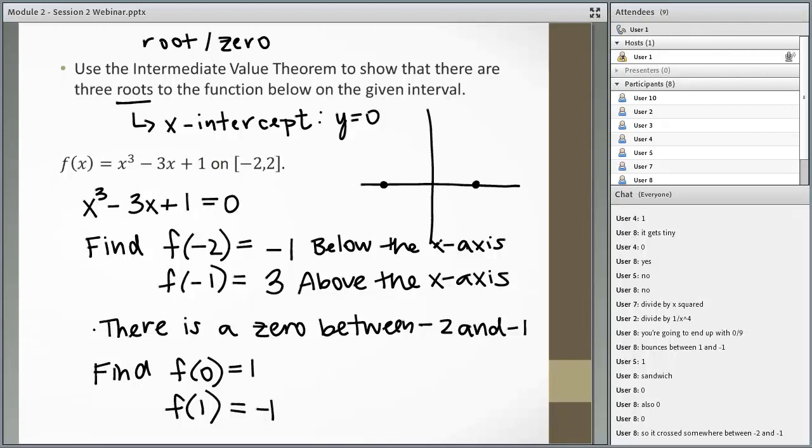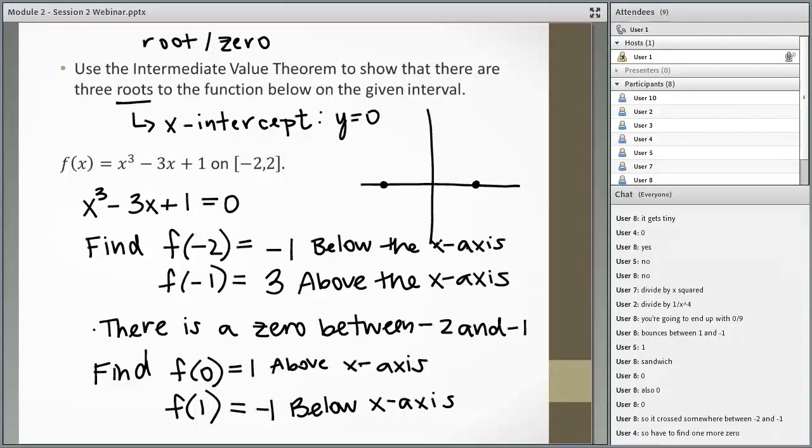So that tells me that this function, again, crossed the x-axis somewhere between 0 and 1, because it was above the x-axis, and now at x equals 1, it's below the x-axis because we got a negative number. Which means somewhere between the two values this function has crossed the x-axis. So that means there's another root or another 0.